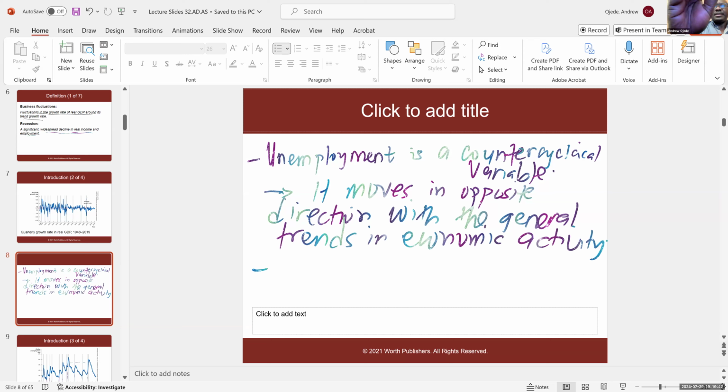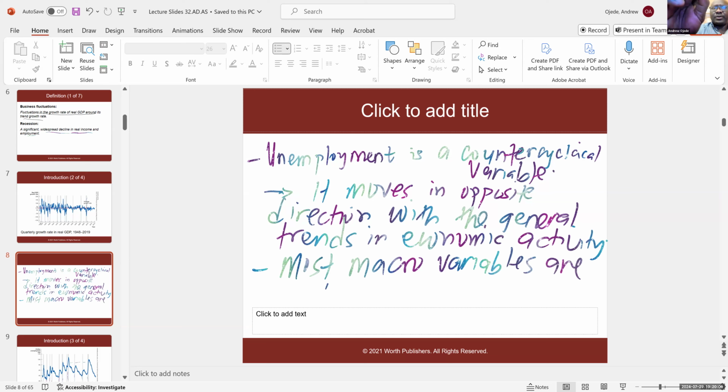But as I said, most macro variables, including GDP, employment, prices, inflation, interest rates, consumption, investment, tend to be procyclical. Procyclical means they move in the same direction with the trends in general economic activity.